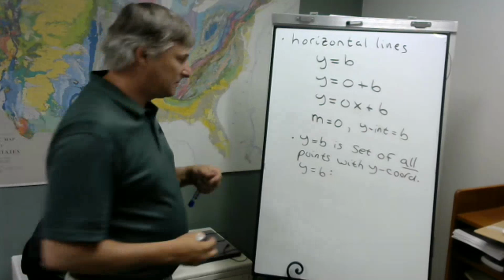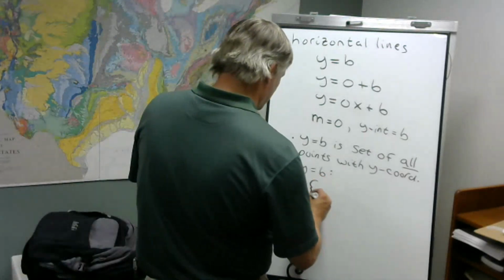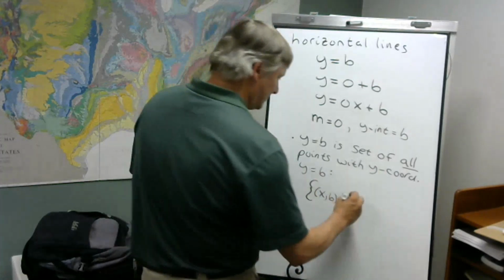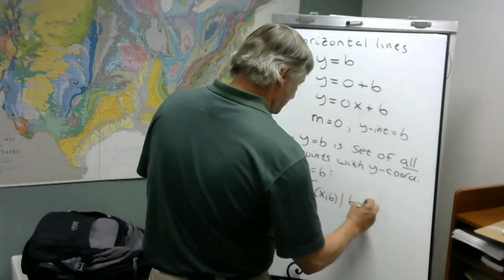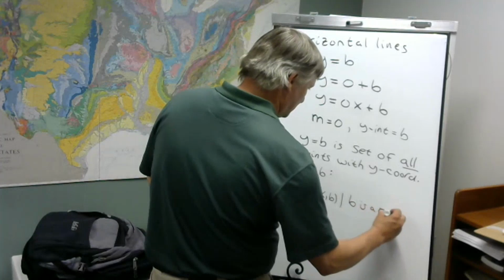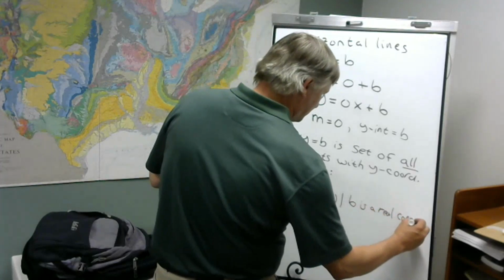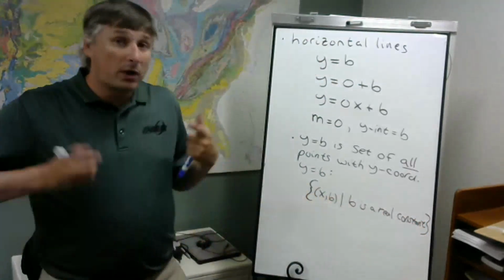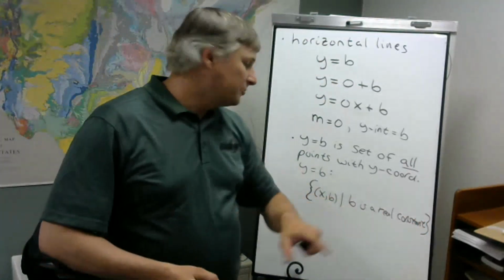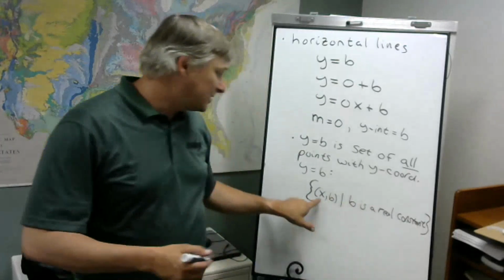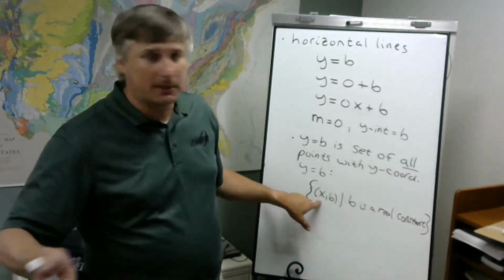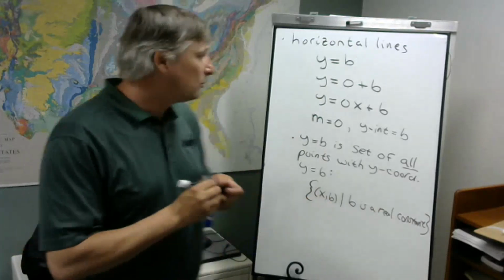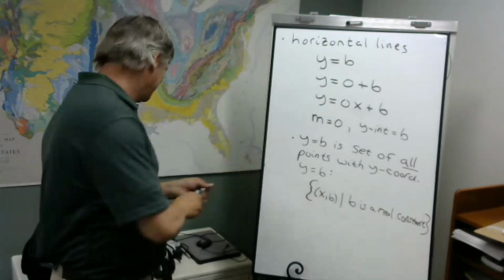So to put this as sort of a set, it's all points x comma b such that b is a real constant. In other words, we're going to choose b once and for all, and all those points together. Now, x can change. X could be anything we want it to be, but b has to be fixed. So what does this look like? Well, it is a horizontal line.